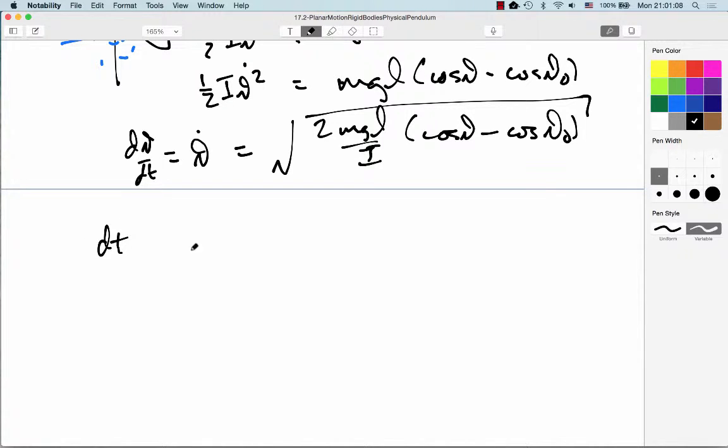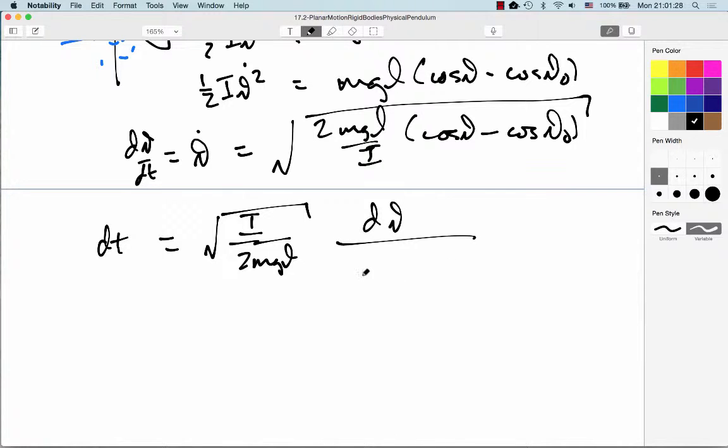So on the one side we'll get dt, and on the other side we will get, pulling out all the constants we can, root I over 2 mgl times d theta over the square root of cosine theta minus cosine theta naught.